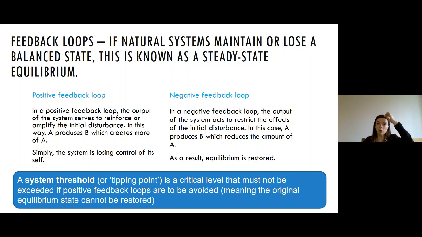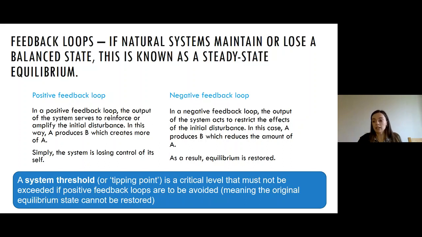Okay, that's a positive feedback loop. A negative feedback loop, the output of the system acts to restrict the effect of the initial disturbance. In this case, A produces B, which reduces the amount of A. As a result, equilibrium is restored. It's self-regulating.